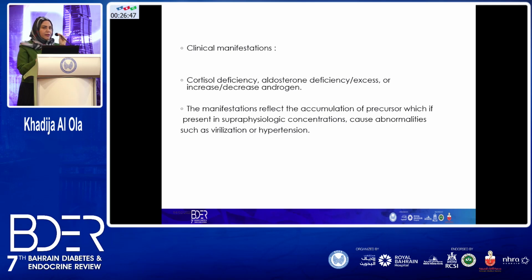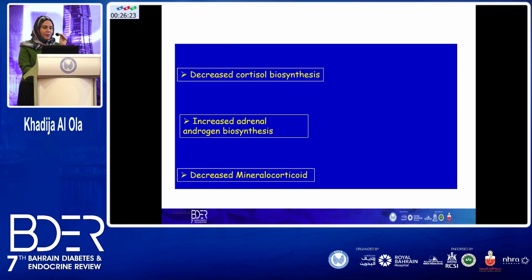The clinical manifestation of any child with congenital adrenal hyperplasia depends on the degree of cortisol deficiency, aldosterone deficiency or excess, and the androgen level, whether increased or decreased. These manifestations reflect the accumulation of the precursor, which, if present in supraphysiologic concentration, can cause hypertension or virilization.